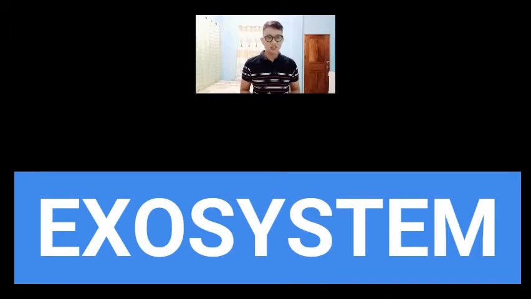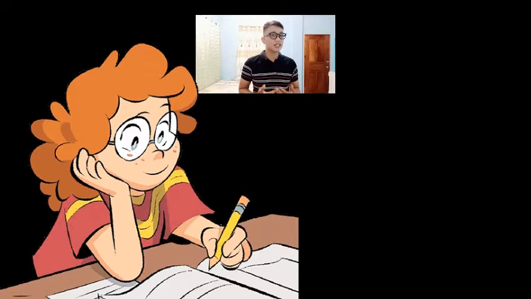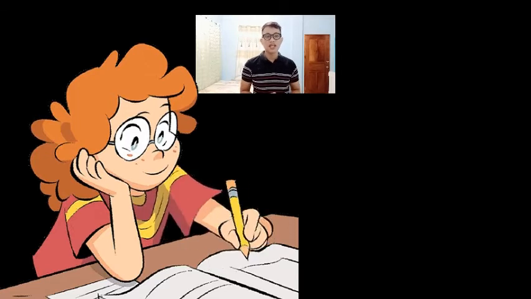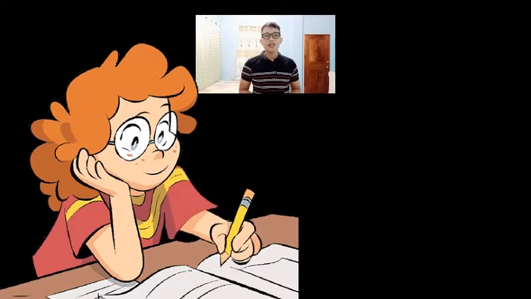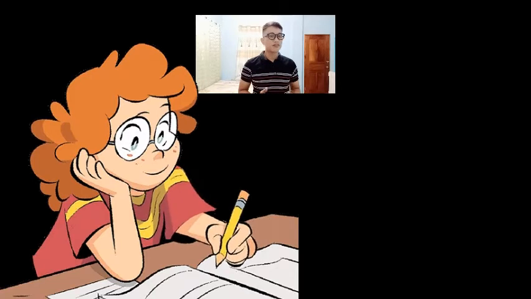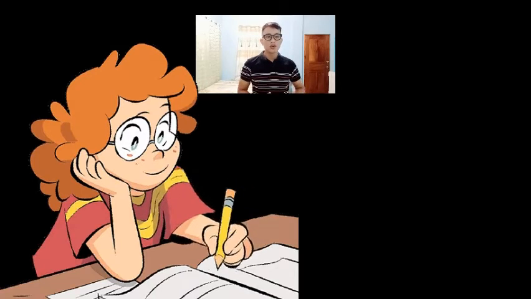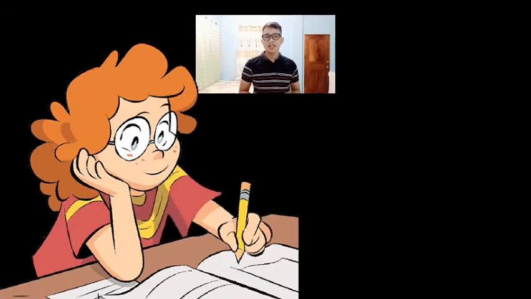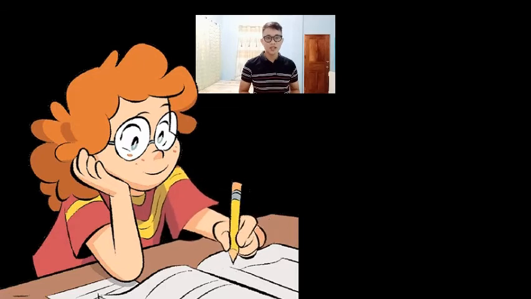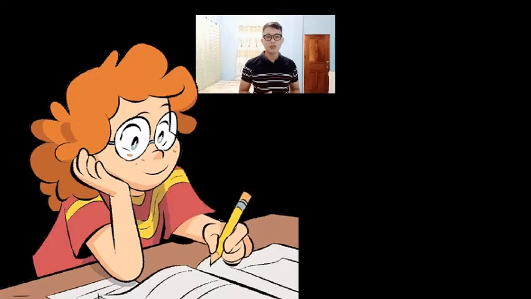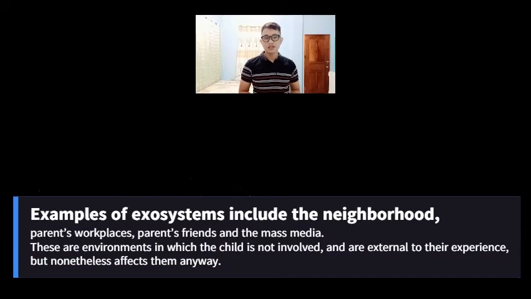Number three is the exosystem. The exosystem is a component of the ecological systems theory developed by Urie Bronfenbrenner in the 1970s. It incorporates other formal and informal social structures which do not themselves contain the child but indirectly influence them as they affect one of the microsystems. Examples of exosystems include the neighborhood, parents' workplace, parents' friends, and the mass media.